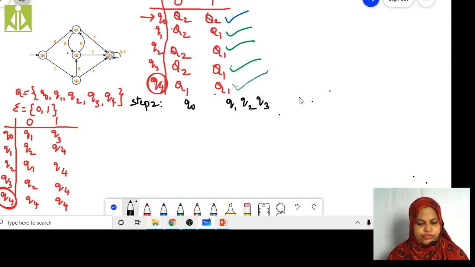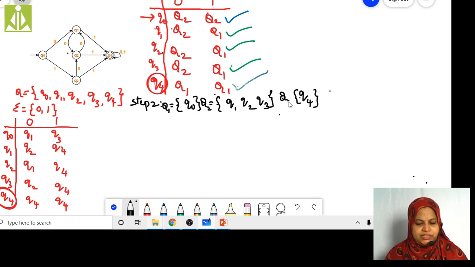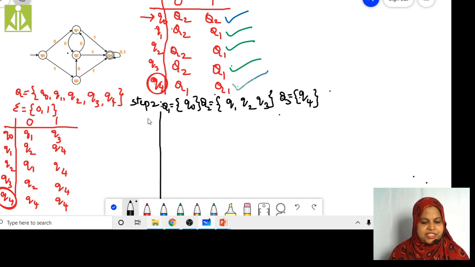So 3 sets; my states are now divided into 3 parts. So this becomes Q1, this becomes Q2, and so on. We are just assigning the names; depending upon the user, these names are there.